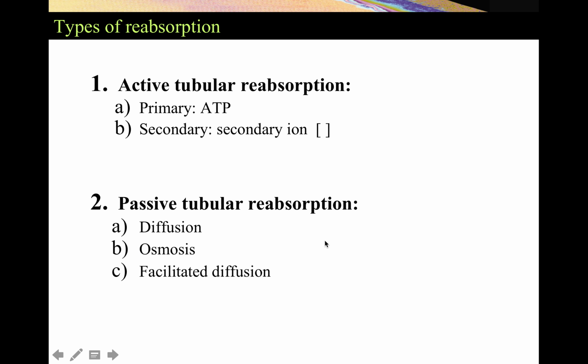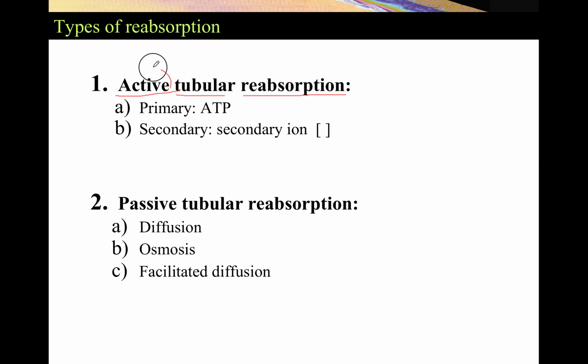Now, as far as reabsorption, we can use two techniques to move these molecules in terms of energy. Not in terms of the route they take, but rather the energy they consume to be moved from the filtrate into your bloodstream. One, if you remember, is active transport, which in this case we refer to as active tubular reabsorption.